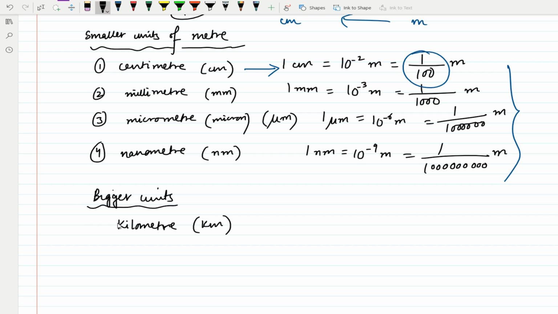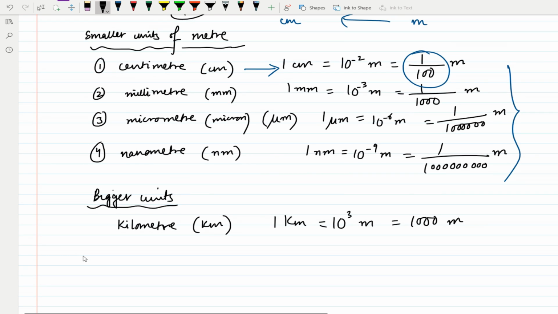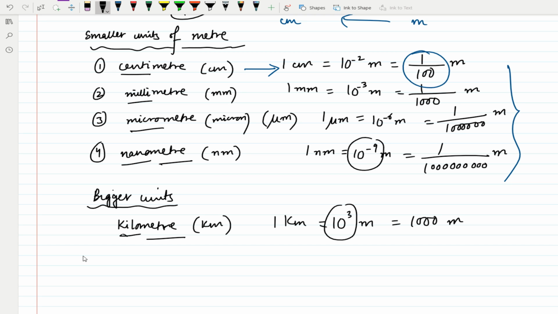Okay, so 1 km is equal to 10 to the power 3 meters, or you know it is 1000 meters. There are other prefixes also, like kilo is used before meter, so it means 10 to the power 3. Similarly, nano is used before meter, meaning 10 to the power minus 9. So these are prefixes, like micro is a prefix, milli is a prefix, centi is a prefix, kilo is a prefix.